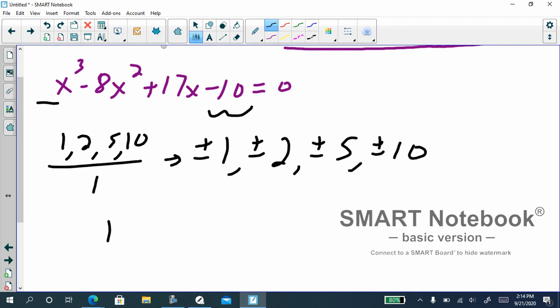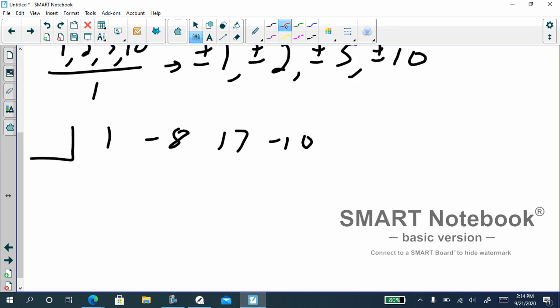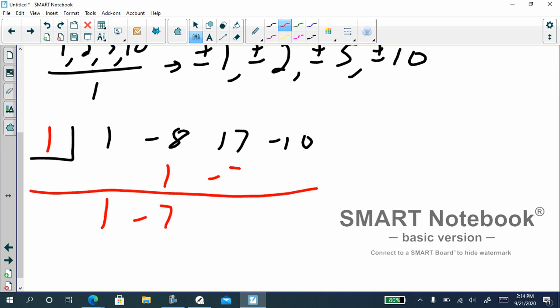So let's pull out synthetic division, and let's see if we can find some zeros that work. So I'm going to start with a 1 and do synthetic division. And the very first one we try works.